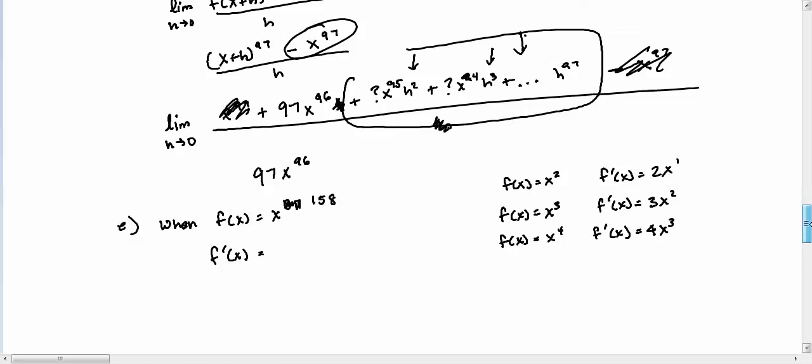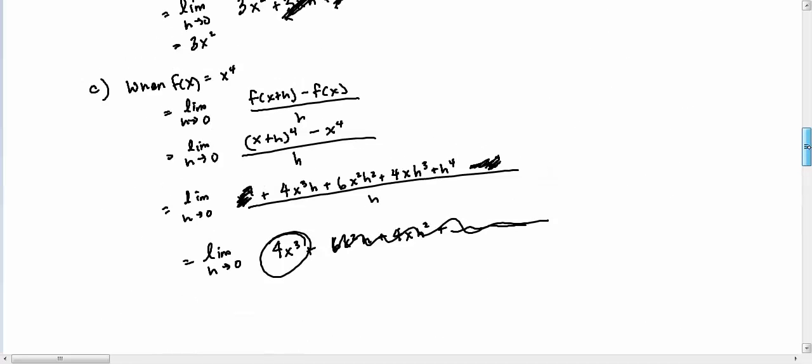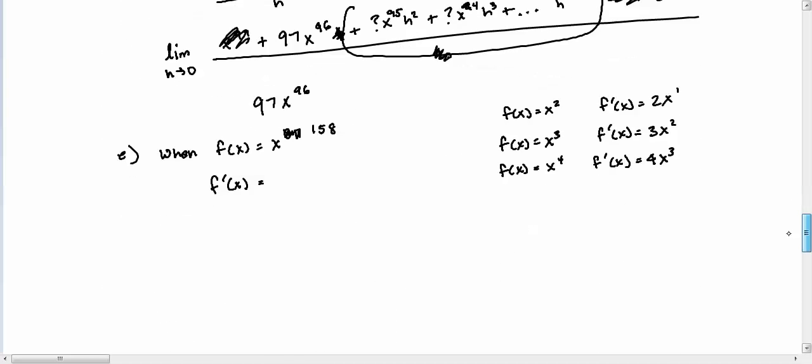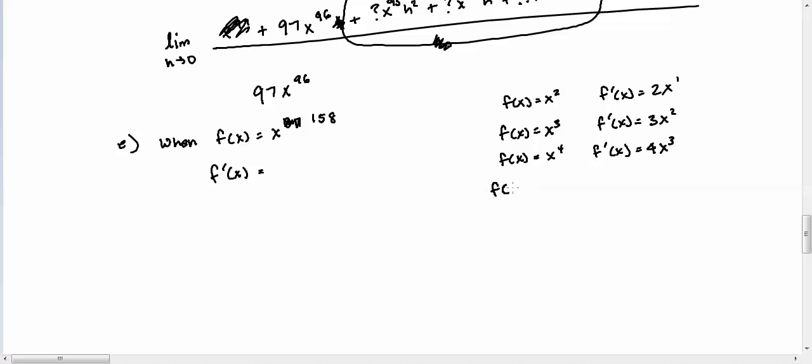If you don't believe me, just look up on top, because there's the 4x cubed, there's the 3x to the second power. All I'm doing is recapping. Over here, f of x is equal to x to the 97th power, and we found that f prime of x is equal to 97 x to the 96th power. Now I'm asking you, if f of x is equal to x to the 158th power, then f prime of x is equal to... Just tell me.